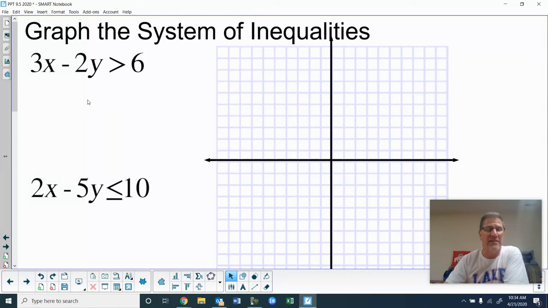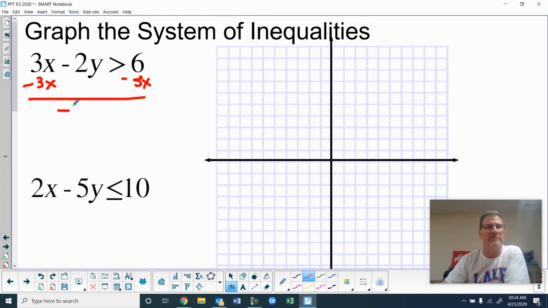Okay, so we're going to do the exact same thing, get y by itself. So I'm going to subtract 3x from both sides to get y by itself. Now this is a -2y, remember, so don't forget about that minus sign there.